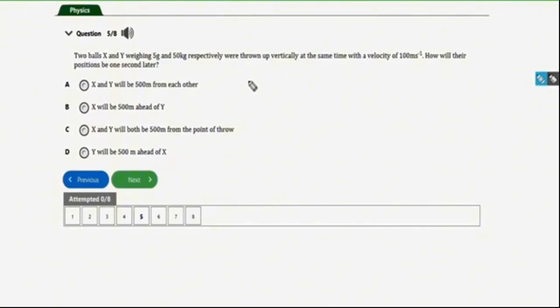So in this question, it says two balls were thrown up vertically, it shows that the final velocity will be 0 meter per second. Okay, now when you are dealing with questions of motion under gravity, and in the question you are seeing that an object is thrown vertically, once you see vertically thrown, it should register in your mind that the final velocity will be 0.